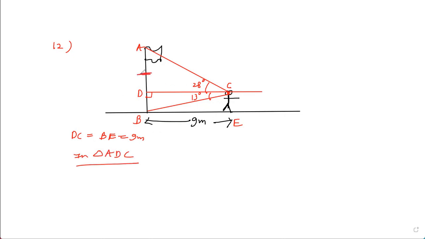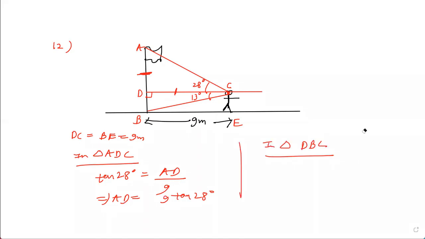So this side is opposite to the given angle, so that we'll treat as the perpendicular. This we'll treat as the base. So that means tan 28 degree is going to be AD by DC, which is 9. So in that case, AD is going to be 9 tan 28 degree, right?